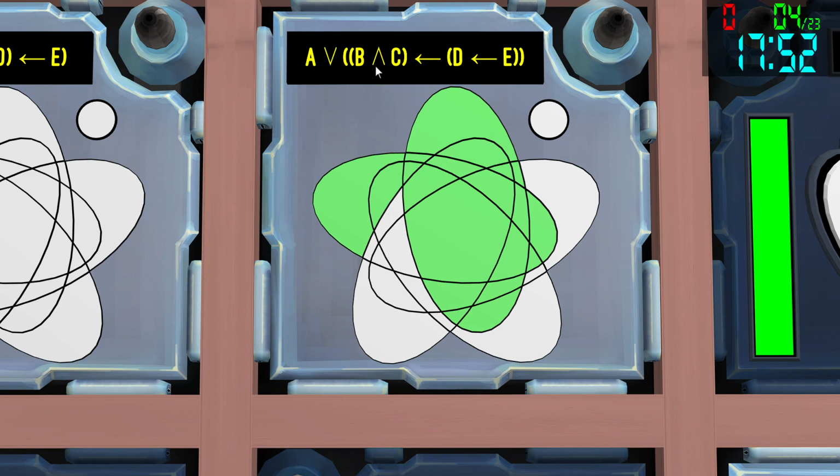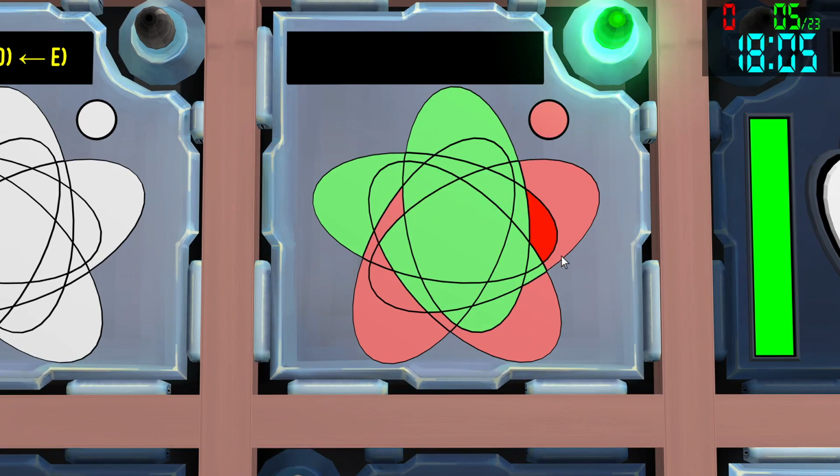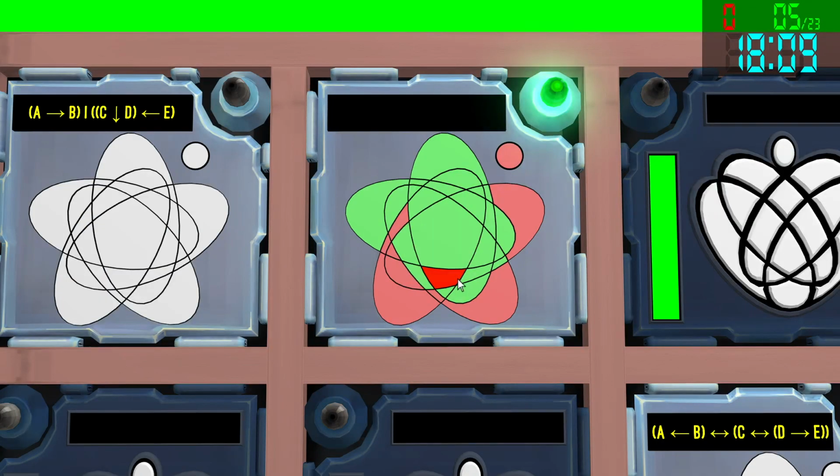So we need to select both of these where it's true. We need to look and see where Bravo and Charlie are true together at the same time. So here, here, here, and we solved it because we didn't need to think about it too much. We thought about it separately, I guess.